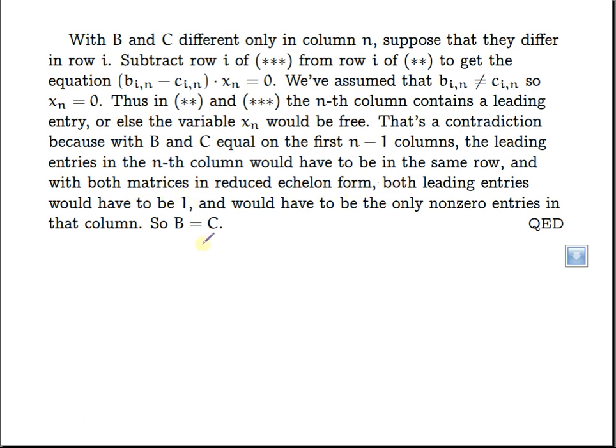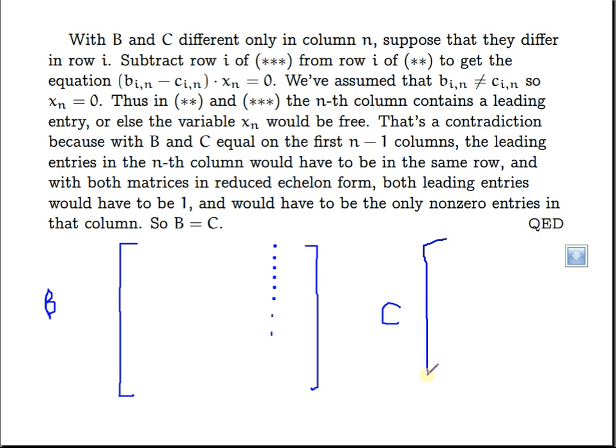Okay, so what's he saying here? Let's look at B and C. Again, we've got this line here. This is B. And this is C. We've got the dotted line.